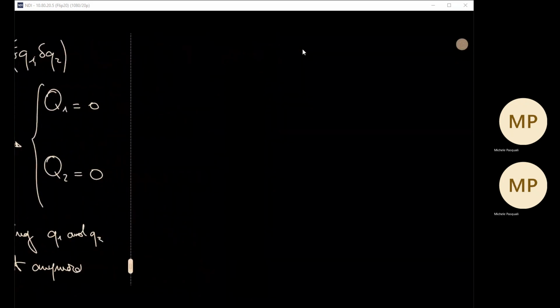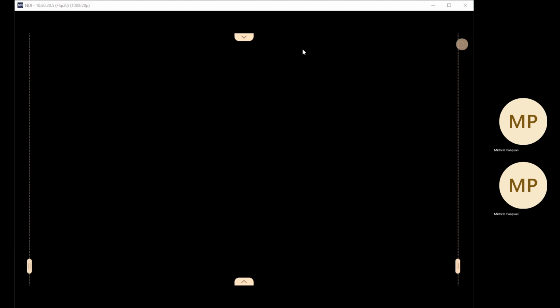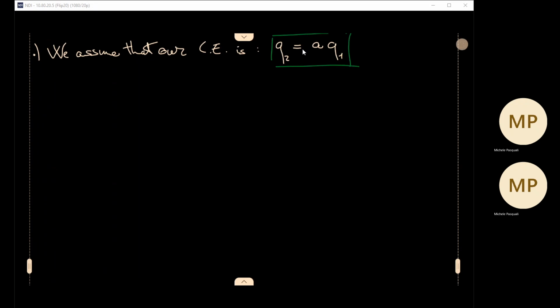For example, we assume a super simple constraint equation. Let's call it like this: q2 is equal to a q1. Okay, the most simple that comes into my mind. So this is our constraint equation. So how does my D'Alembert's principle become? So, sorry, theorem.